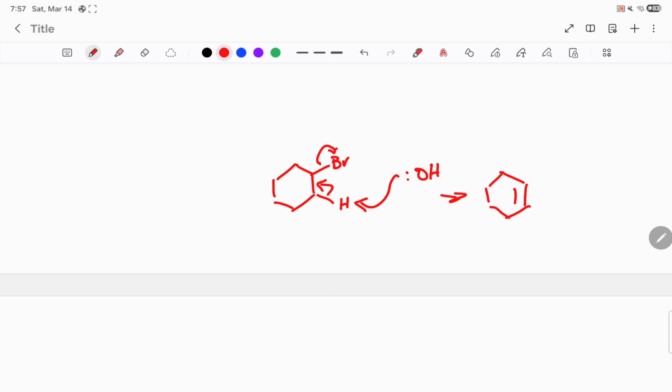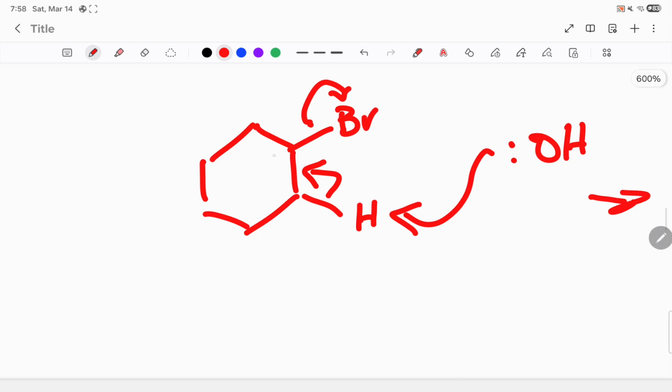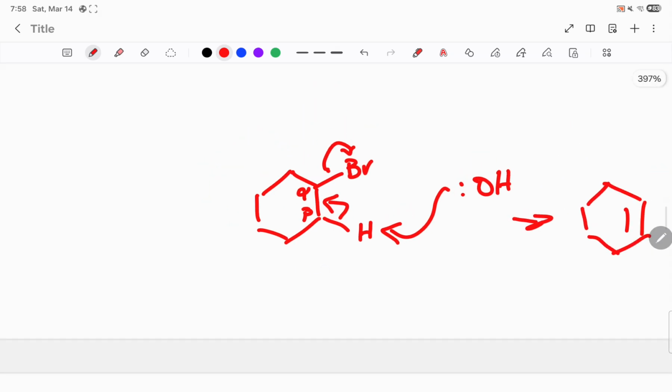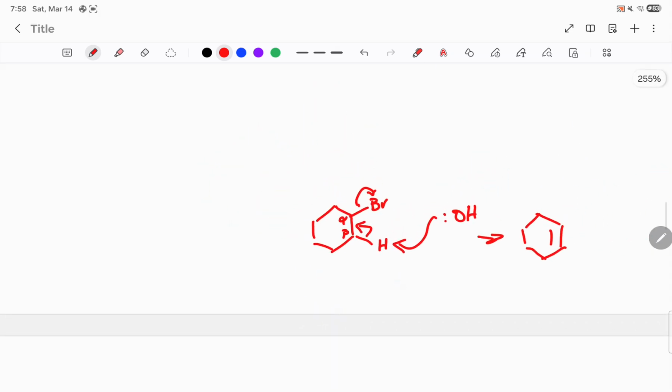But when I said that the cyclic system that performs this E2 is stereospecific and requires anti-periplanar arrangement of the beta hydrogen, that matters because any carbon that bears a functional group is known as the alpha carbon. And the carbon that bears this hydrogen is known as the beta carbon. And of course, the hydrogen by that kind of terminology will be termed the beta hydrogen. So here's the thing.